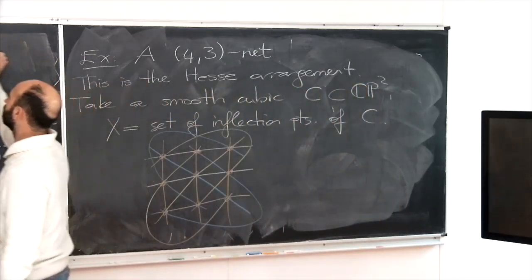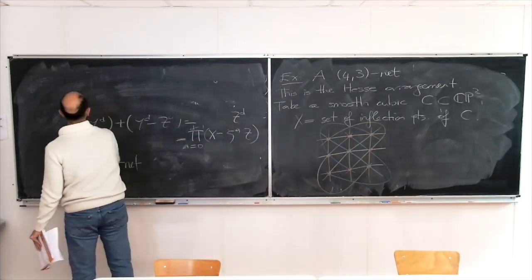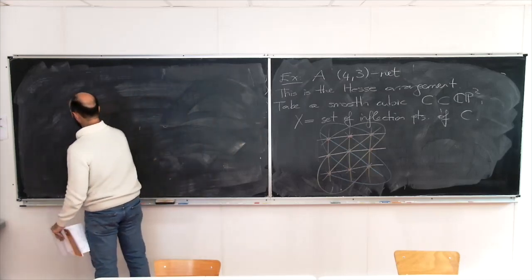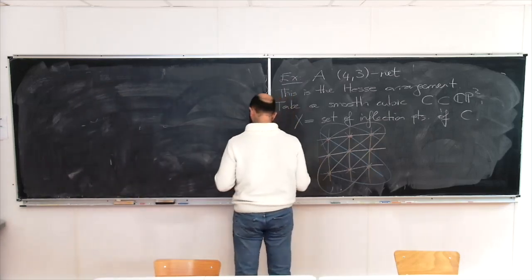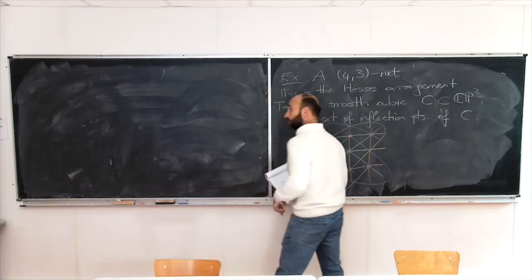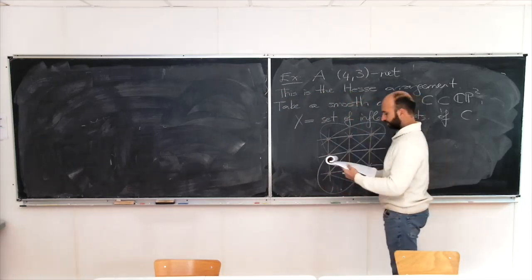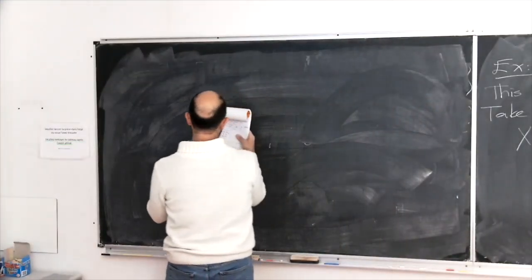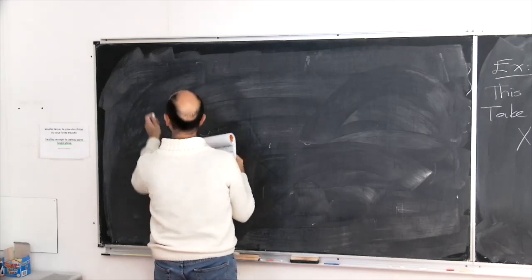Okay, before going on a break, I'll try to state the next result. A result due to Libgober and Yuzvinsky shows that you cannot have m greater than or equal to 6.